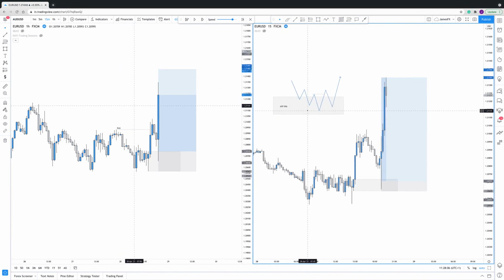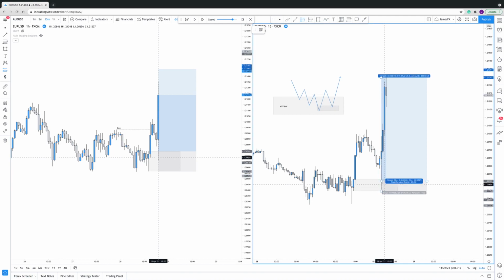Okay, so we tapped in and then we want to see that lower time frame breaker structure, which will then create an order block on the lower time frame. So this gives us a lot more confirmation, rather than taking these riskier entries with the one tap and then go.